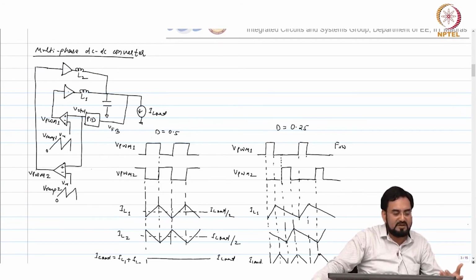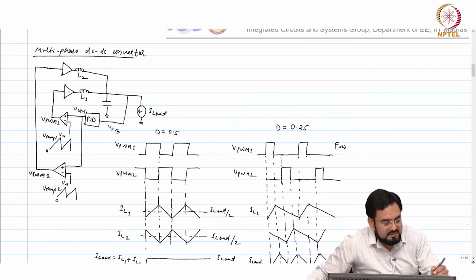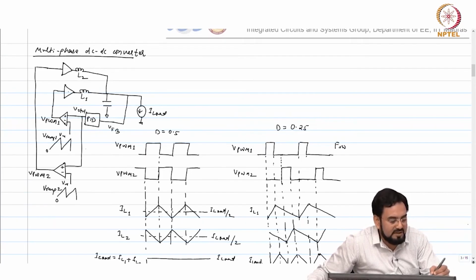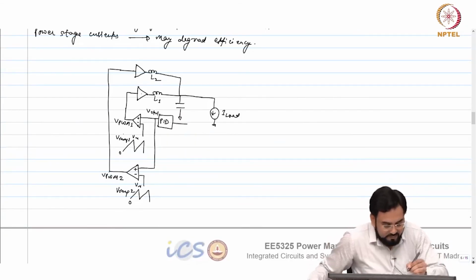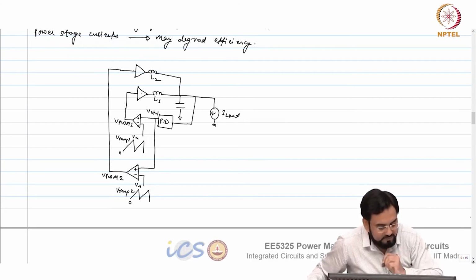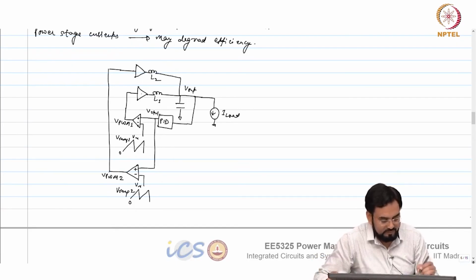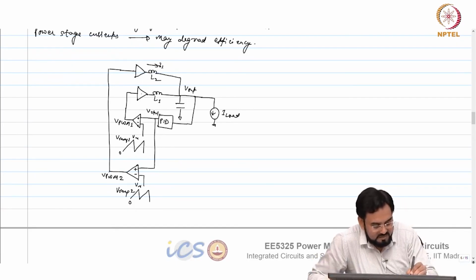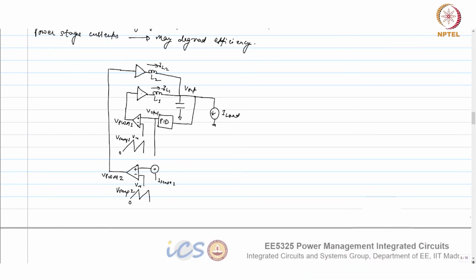So, in current balancing, what you do actually, you take this control voltage. Instead of connecting it in common, each one will have, let us say, if this is IL2, IL1, instead of an adder, let me add some additional control.